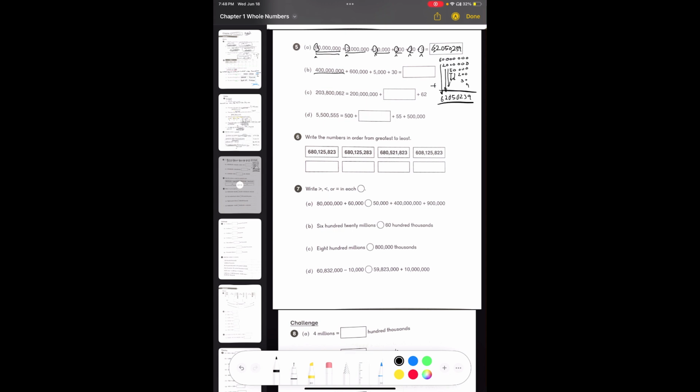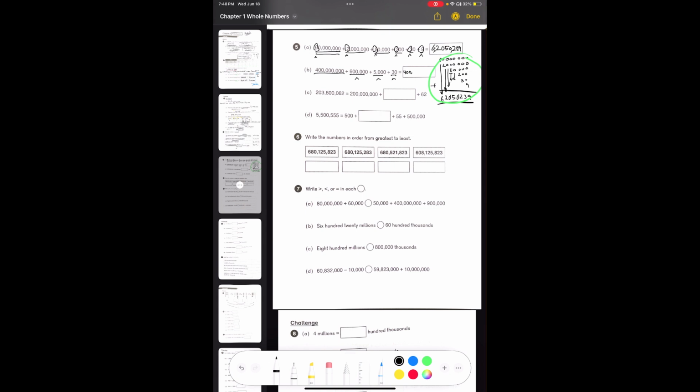Now we have 400,000,000, 600,000, 5,030. And once again, they're all in different digit places. So we don't need to add these all together like this. We can just have 400 million, and we can see that none of these are in the millions.